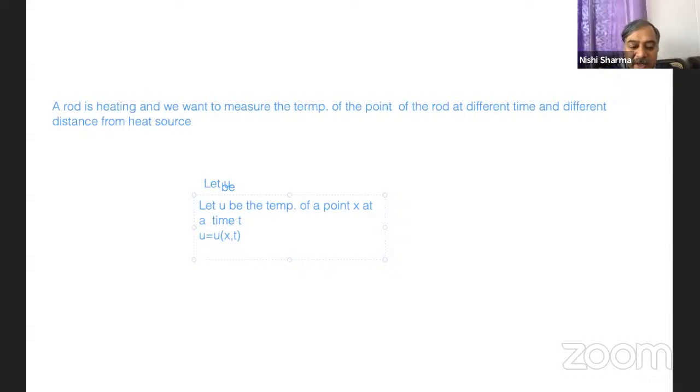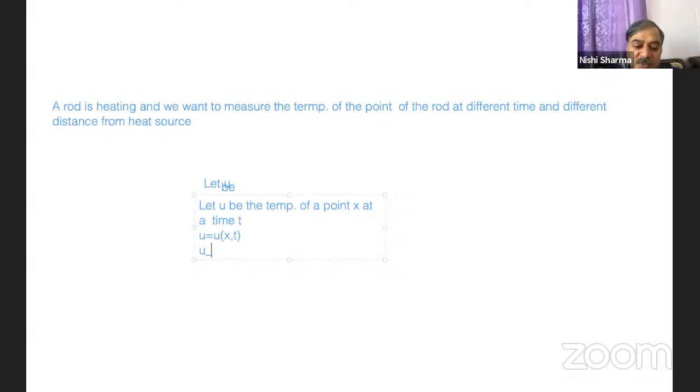So the rate of change of heat going into the rod, that is diffusing in the rod, the rate of change of the temperature is represented by the first derivative, say u t.